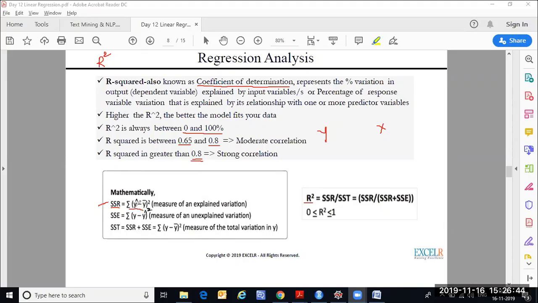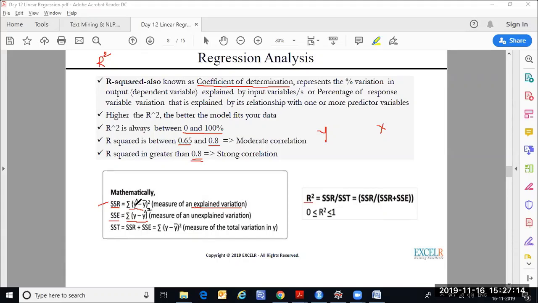So the deviation of each predicted value from its mean is the explained variance that is being captured by the sum of squared residuals. Now, the difference between actual values and predicted values is calculated by the sum of squared errors. Error is unexplained variance.